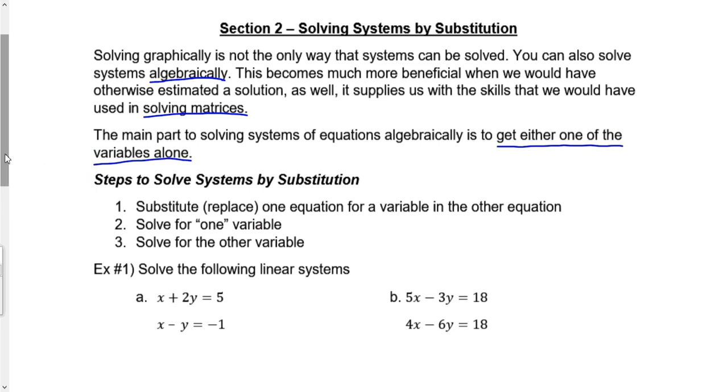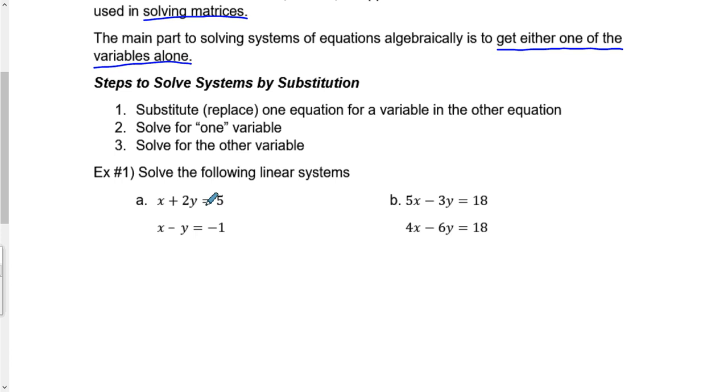So what does that mean? Well, it doesn't matter which equation I use. I will absolutely show both ways because either of the equations will work. So for example, if I label this equation 1 and this equation 2.